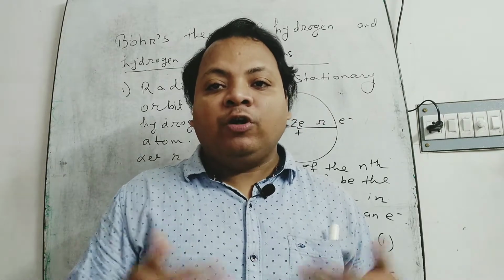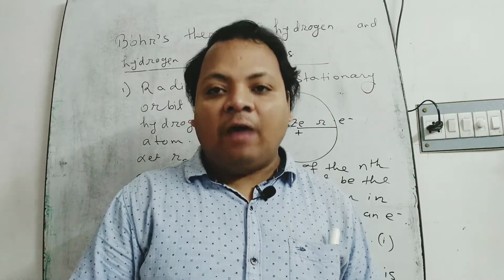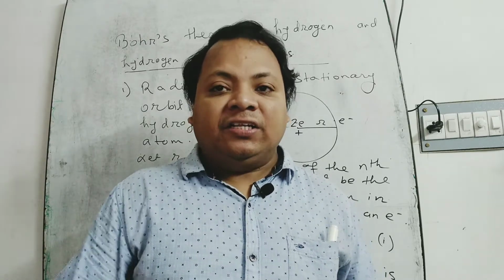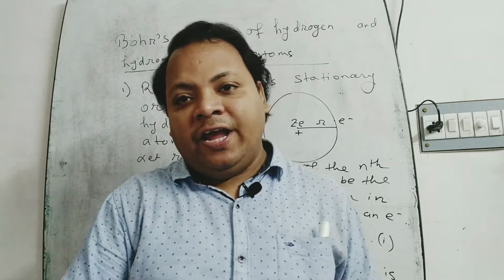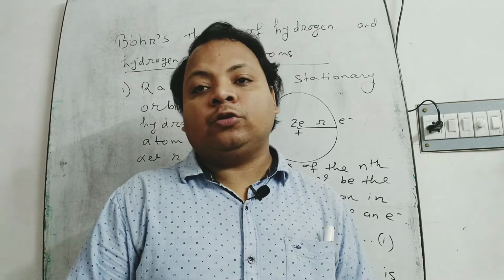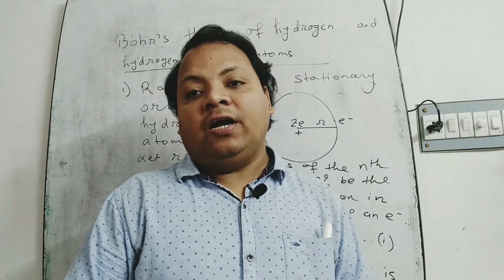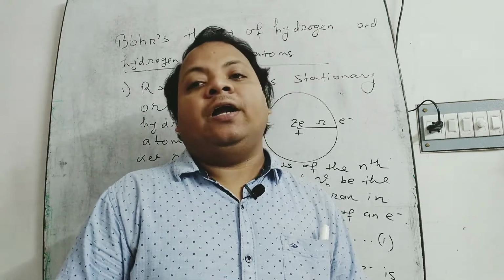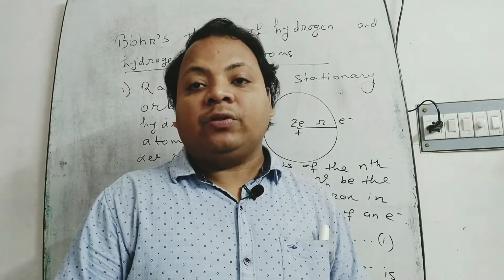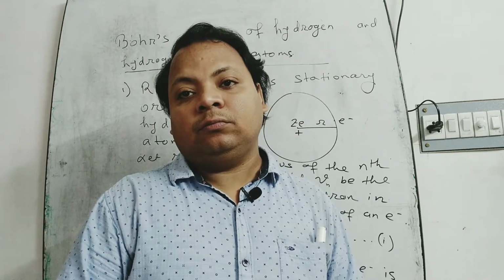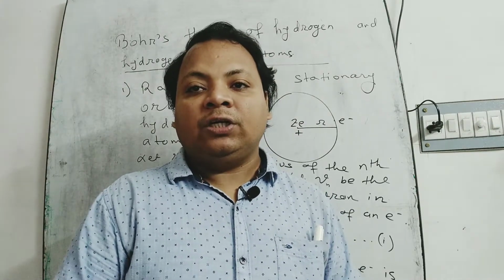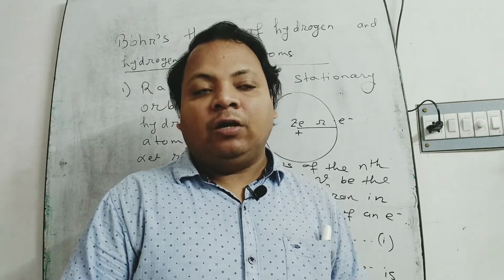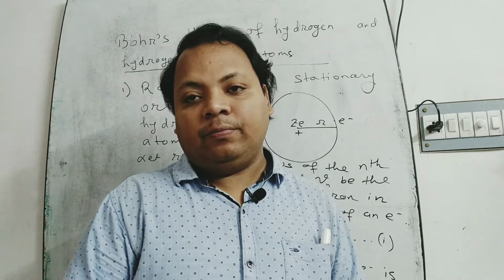Today I am going to discuss Bohr's atomic model in detail, and hence we can derive the radius of the hydrogen atom and the radius of hydrogen-like atoms, and we can also explain the production of hydrogen spectra, etc.